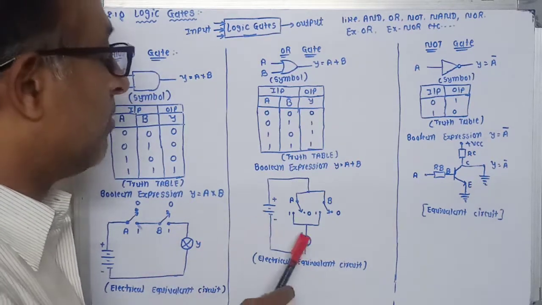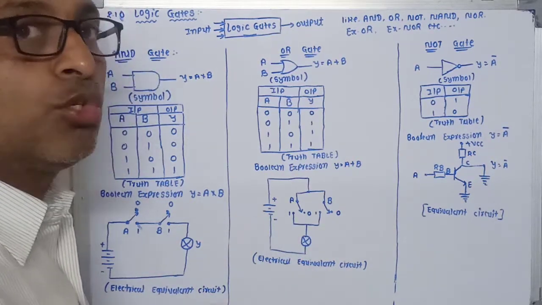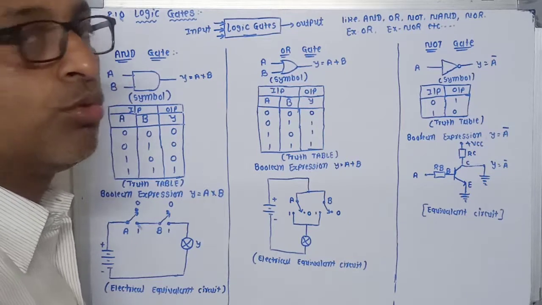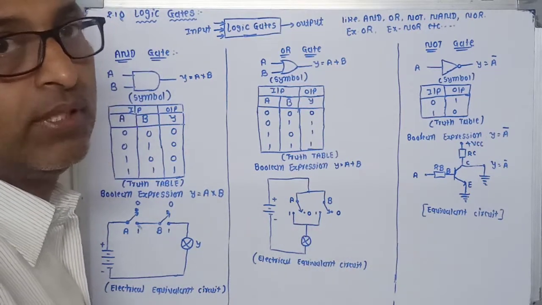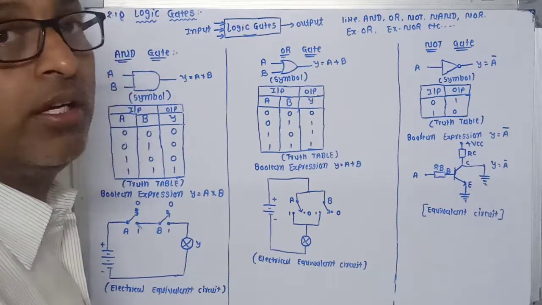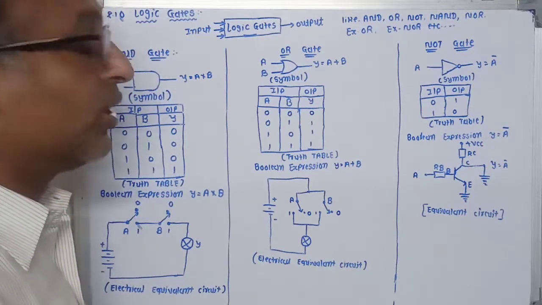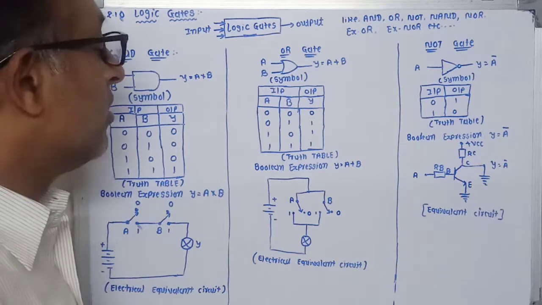Here we are taking the same supply and lamp, but these two-way switches are connected in parallel. That means each provides two paths for the flow of current in the circuit.